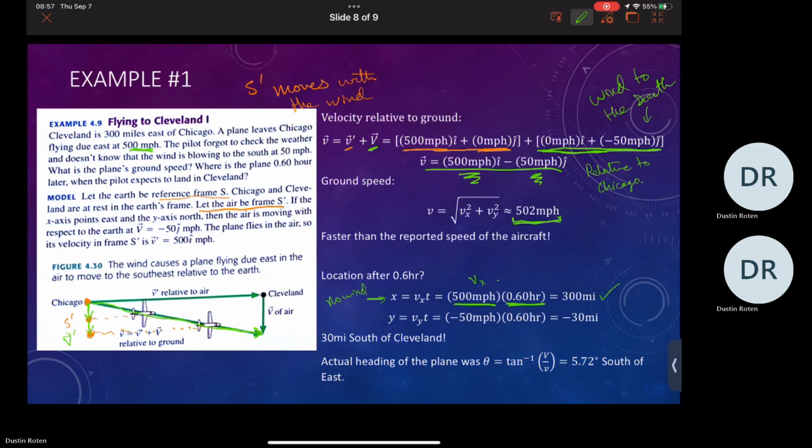But look at what happens in the y direction. Here we do have wind in the y direction. Over time, this negative 50 miles per hour wind over this 0.6 hours is actually going to shift us 30 miles south from where we want to be.